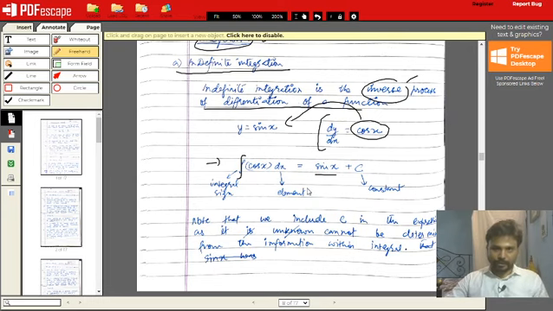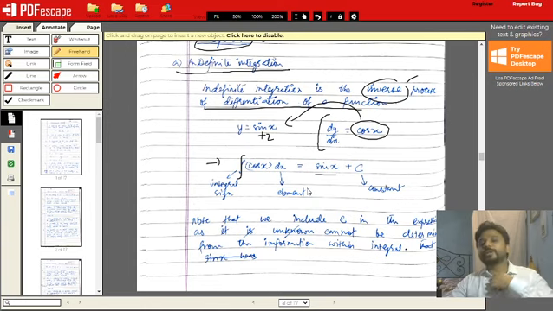Now we put a constant with it, so that we do not know what cos x came from. For example, it is given to us that dy by dx was cos x. When we integrated, it could have been sin x plus 2 also. If I differentiate sin x plus 2, the differentiation of 2 would be 0 and it would come out to be cos x.